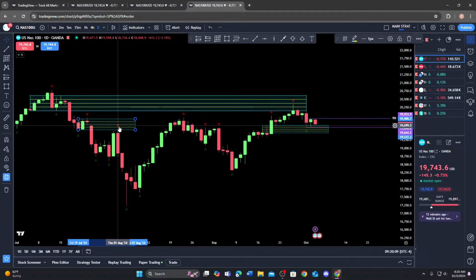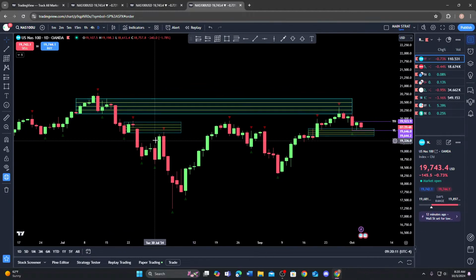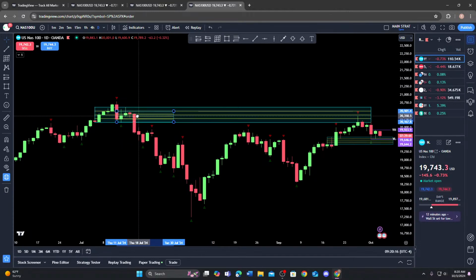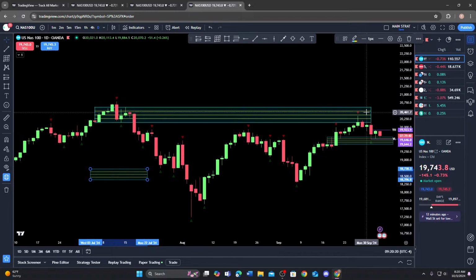Right here was a good example. And right here was also a good example. See how price rejected off of this.